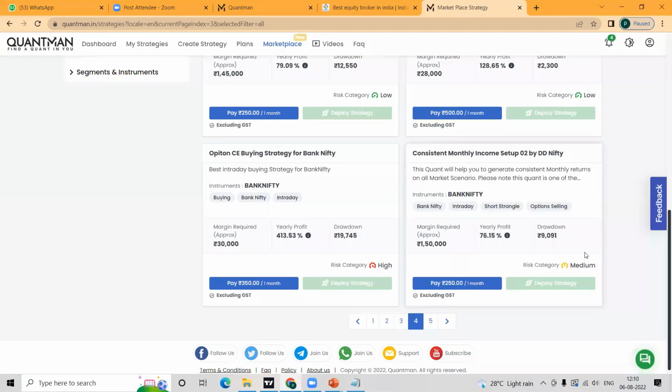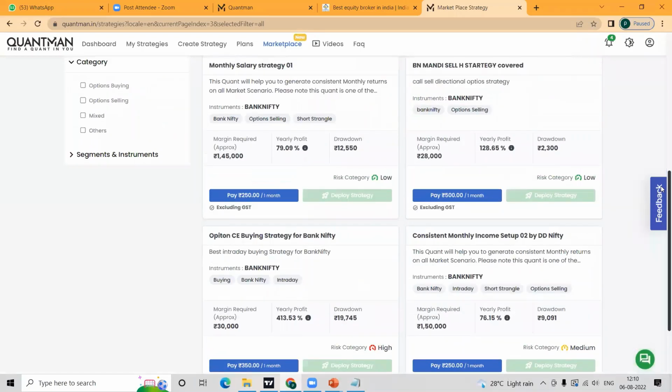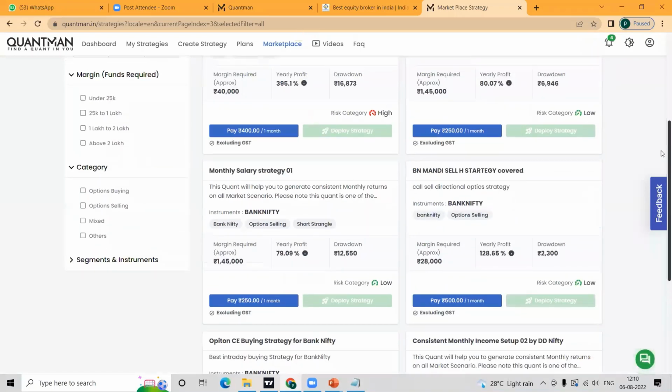Some strategies are working well. What separates us from others is that if anyone wants to put a profitable strategy on our marketplace, we verify whether they have deployed it on their own account, because everyone can do the backtesting stuff, but we want their own money to be deployed on that particular strategy. Then only we will allow it.